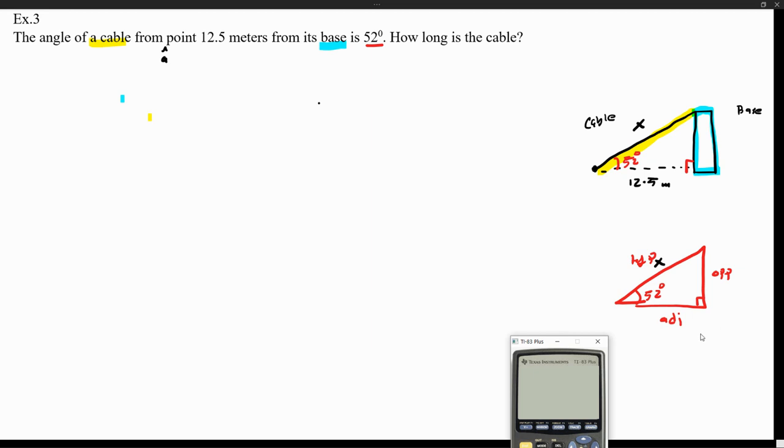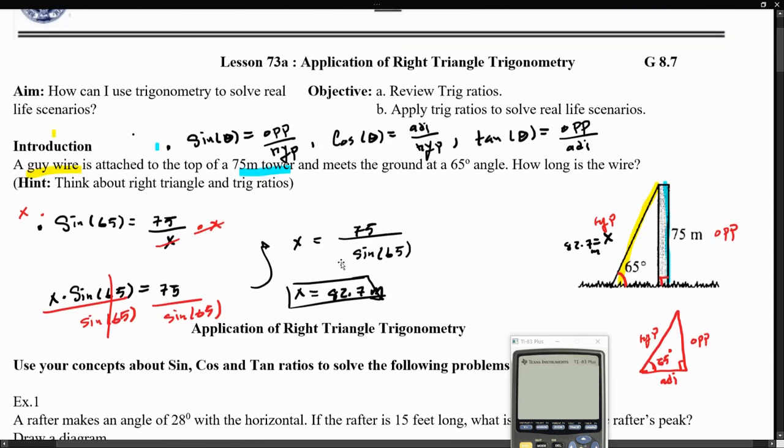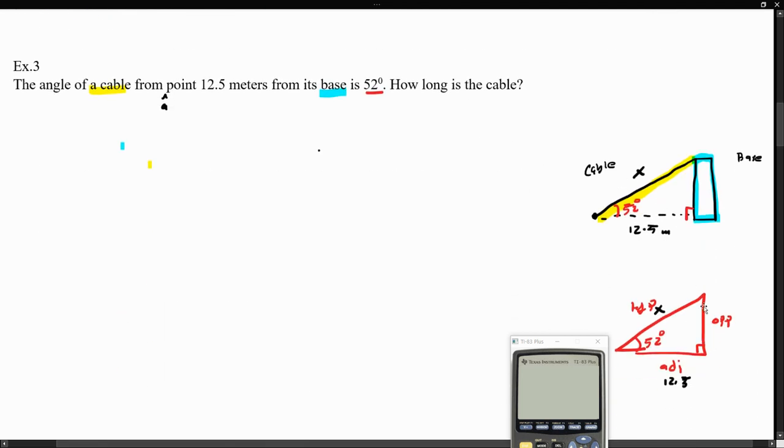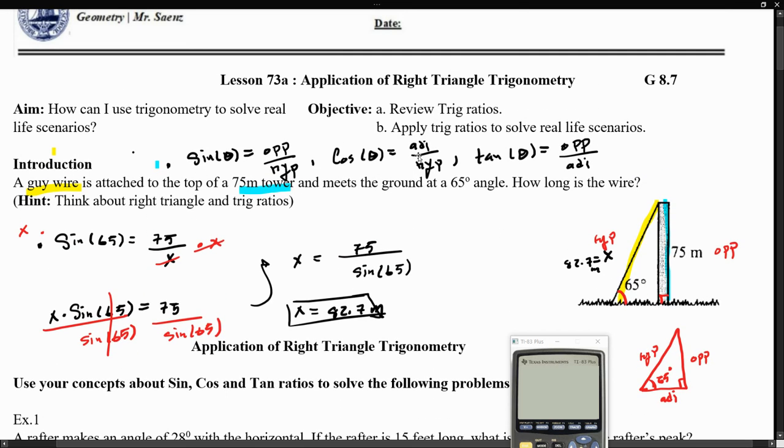So now we think about the three ratios that we stated previously. Notice that I have the value, I forgot to write it here, 12.5. I have the value of the adjacent and I want the value of the hypotenuse. So which of the three ratios talks about adjacent and hypotenuse? We cannot use sine because sine uses the opposite, and we don't have the value of the base, so we don't have the opposite of the triangle.